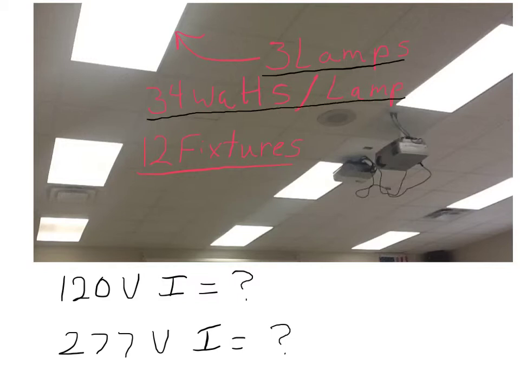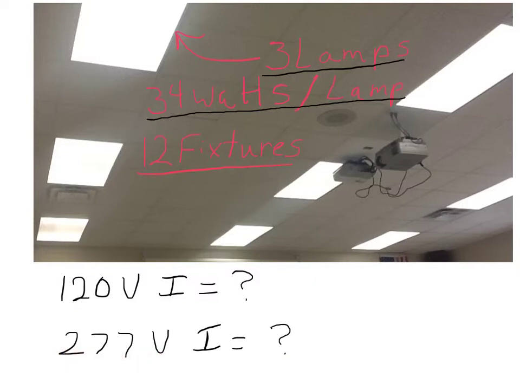So, a couple of questions for you to answer. Number one, what is the current of all 12 of those fixtures if I'm using, say, a residential voltage of 120 volts? And the second one is, what is the current value if I'm using 277?